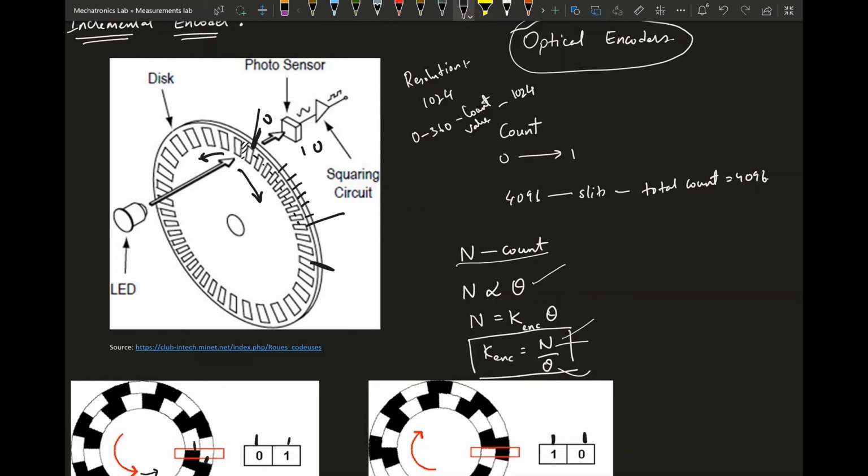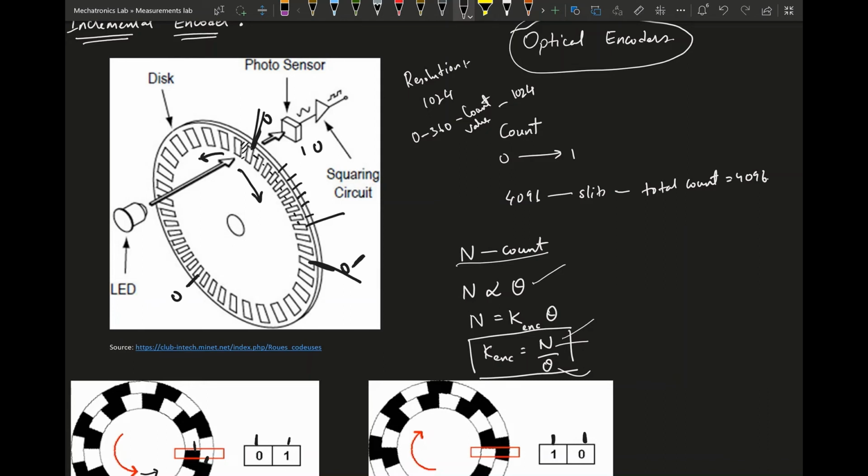If it's at this position, this would be your zero value, and if it's at this position, this would be your zero value. So there is no absolute value. You can't know the absolute angle it rotated by. So for example, if the object moves from here to here, and you turn off the device and turn it back on, it will say it is at zero and it didn't move. So that's something to remember.